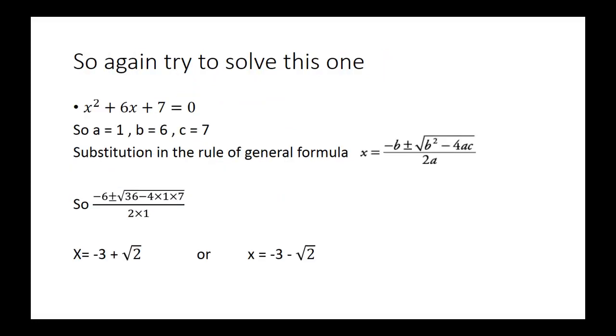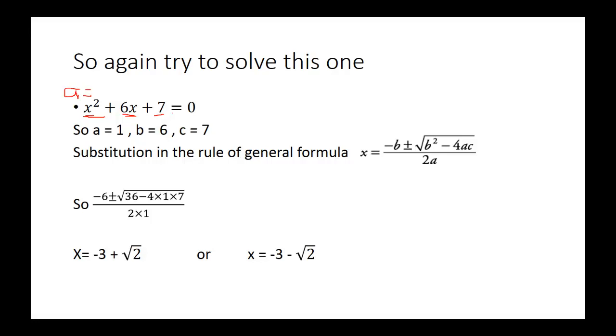So again, try to solve this one: x power 2 plus 6x plus 7 equals 0. That's the example that we can't solve by factoring, so we have to use the general formula. Here a equals the coefficient of x power 2.